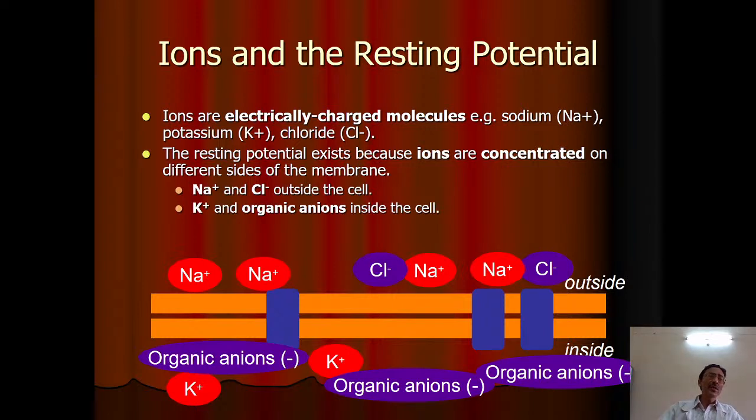The resting membrane potential is the potential present inside the cell when the membrane is not actively transmitting any impulses or actively allowing any ions to move across the membrane, but small amounts of ions like potassium ions can move across the membrane, plus sodium leaky channels are there and chloride can also leak across the cell membrane. So this is about the resting membrane potential.